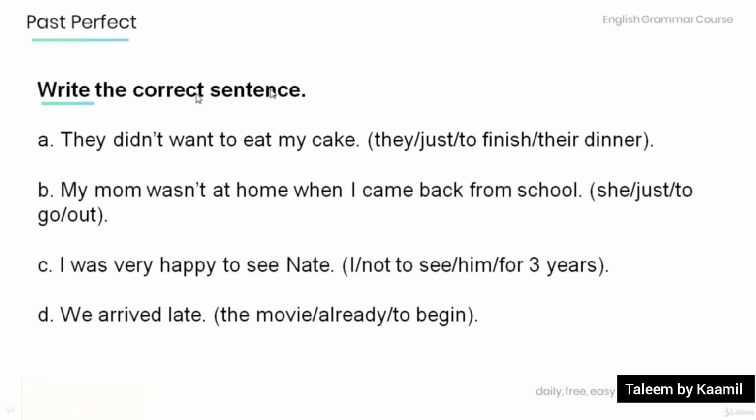And now, write the correct sentence. A. They didn't want to eat my cake. They just to finish their dinner. B. My mom wasn't at home when I came back from school. She just to go out.